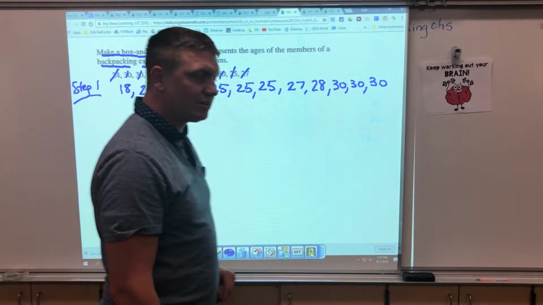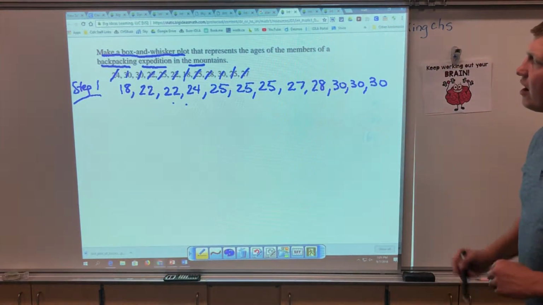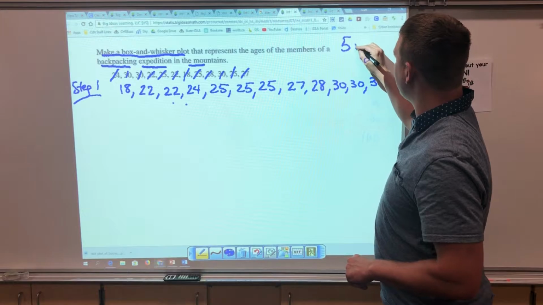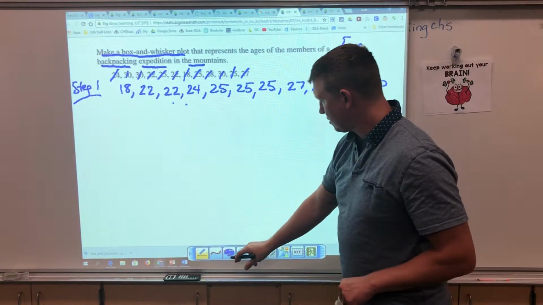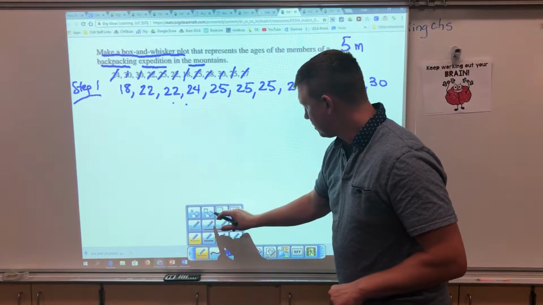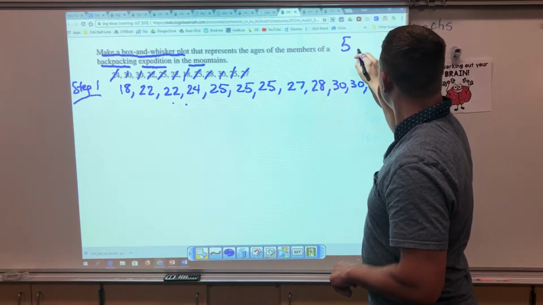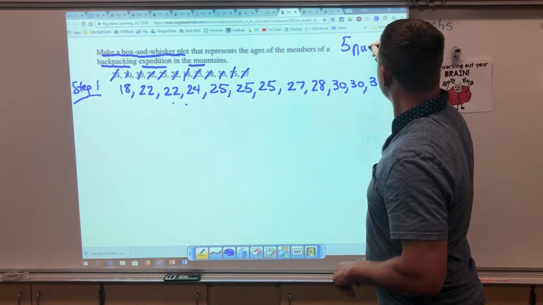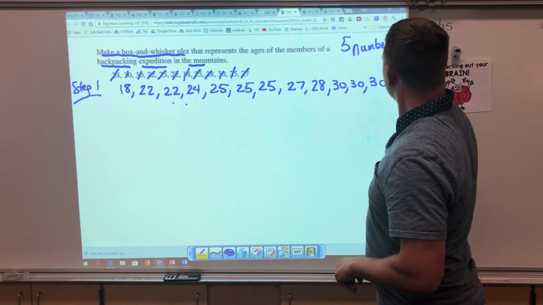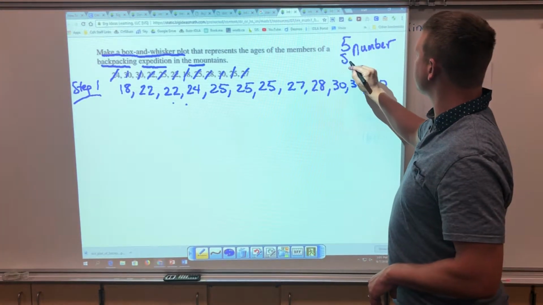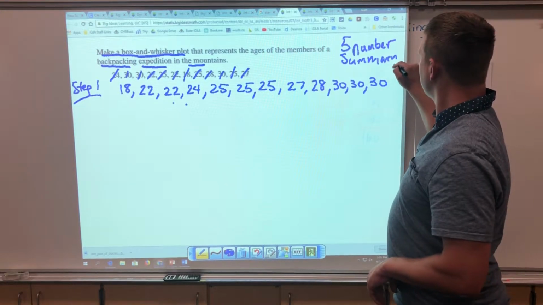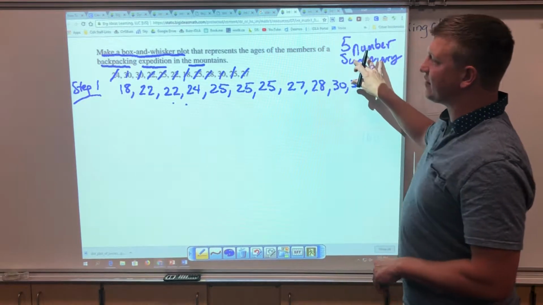The second step is to describe what we call the 5-number summary. There are 5 numbers. So what are these 5 numbers that I care about?